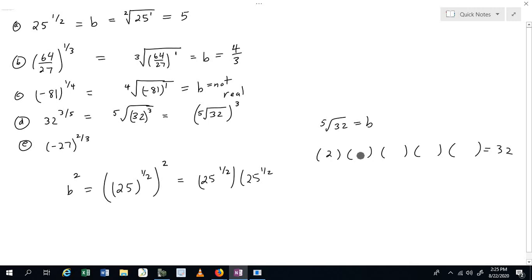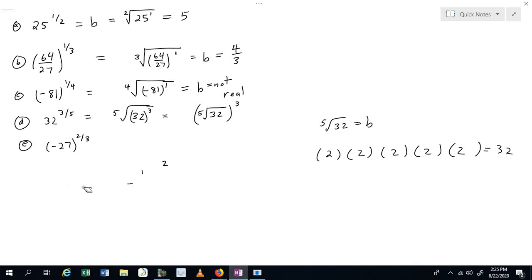And the only number that works would be 2. 2 times 2 times 2 times 2 times 2 is 32. So this is equal to 2. But then you're going to cube that. So 2 cubed is 8. So 32 raised to the 3/5 power is the same as 8.